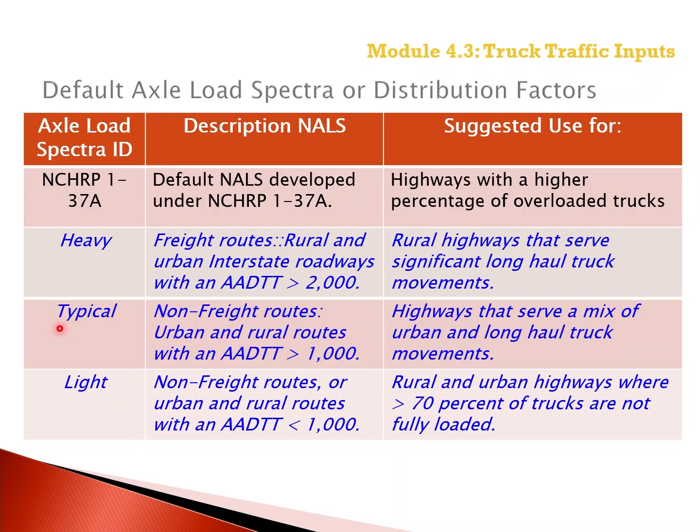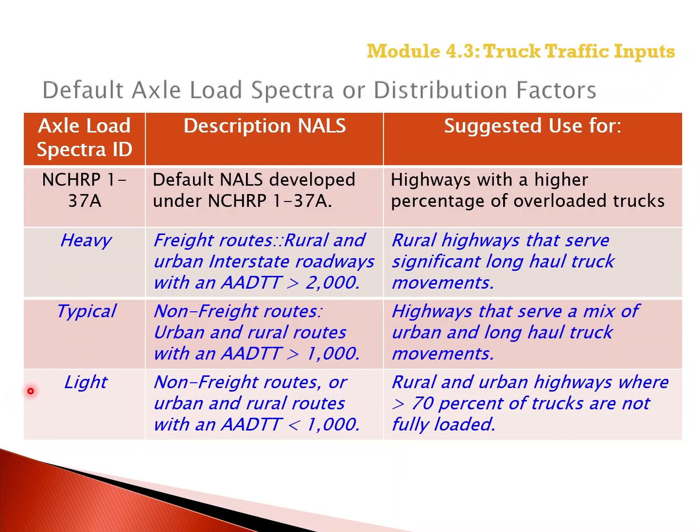The next is defined as typical, a typical axle load distribution. These are non-freight routes, can be urban and or rural routes with an ADT greater than 1,000. Highways, and these are highways that serve a mix of urban and long-haul truck movements itself.